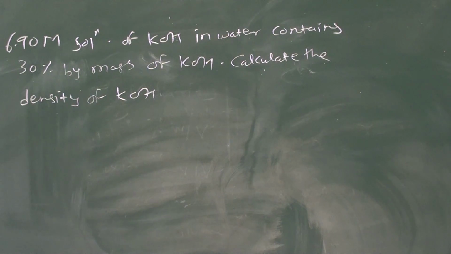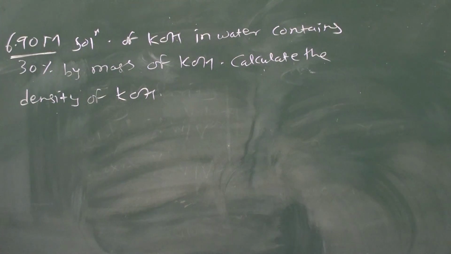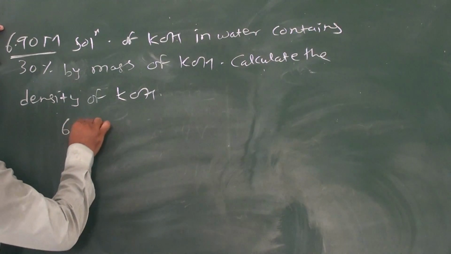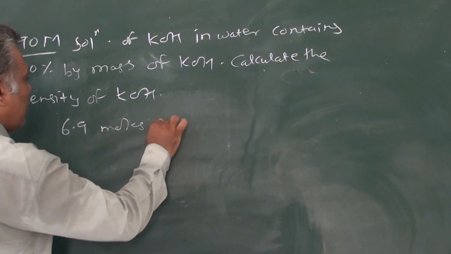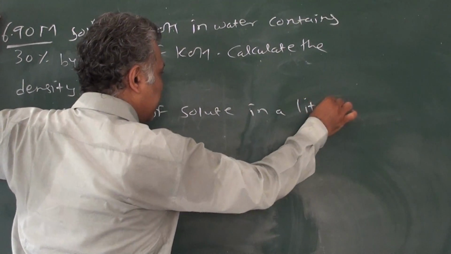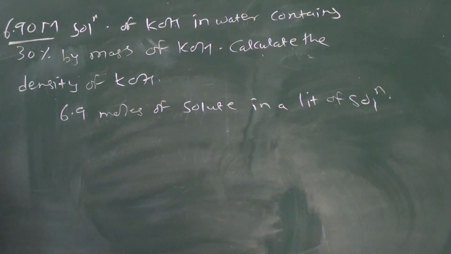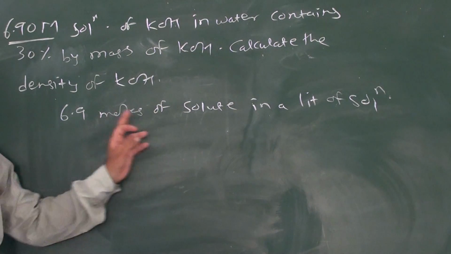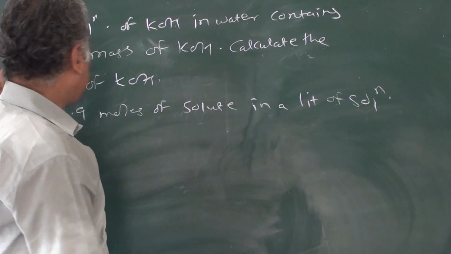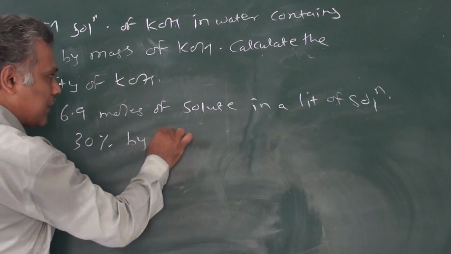when we are having this numerical, it's given as a 6.9 molar solution. 6.9 molar solution means what? 6.9 moles of solute in a liter of solution. At the same time, the other term that is given to me is 30% by mass.